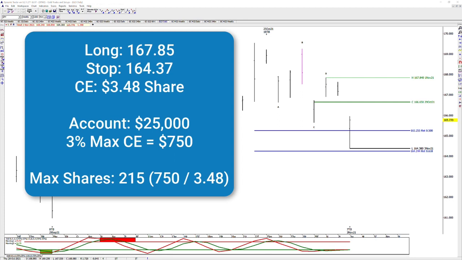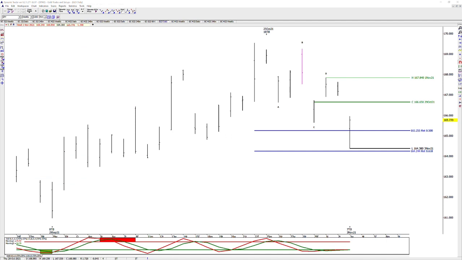That would mean the maximum capital exposure we can have for that trade would be $750. So we divide $750 by $3.48, and that gives us a maximum position size of 215 shares. Pretty simple math.